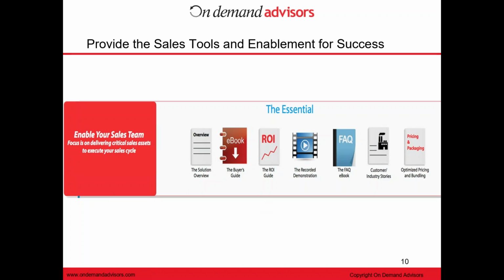And that is, how does somebody, if they don't understand how to buy or evaluate your type of solution, how would they do that? So why not have a Buyer's Guide? And we'll show you an example of that. In many cases, another key to move your buyer through the buying process is an ROI guide. So where's the ROI? Where's the payback if they invest in your service? And how would they think about doing that?